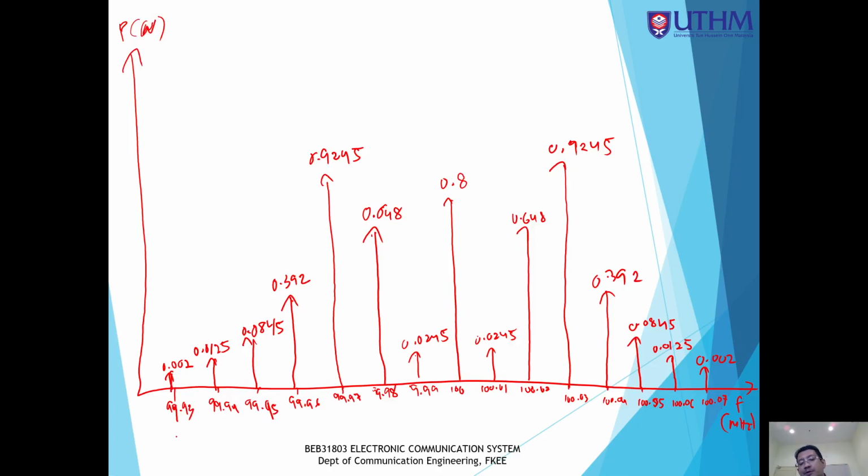No problem, as long as we can see that the drawing is correct, the majority of the labeling is correct, maybe one or two values are wrong. For me it's no problem. I can give full marks for that one, so don't worry about that. Okay. Any more questions, other students? Is there any question?